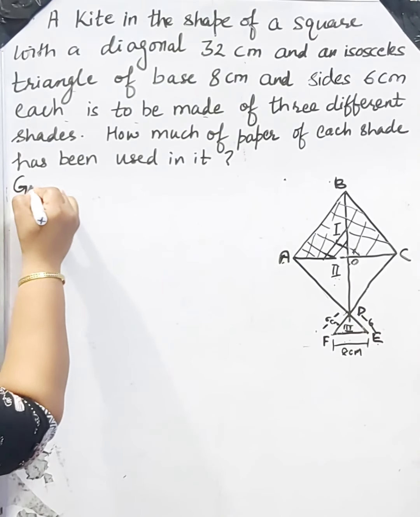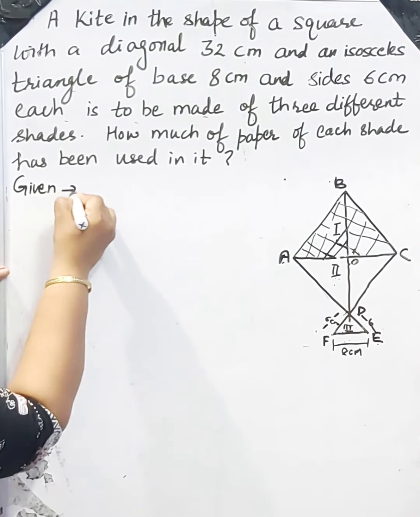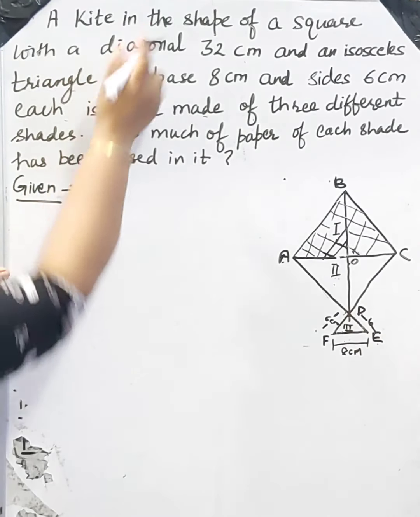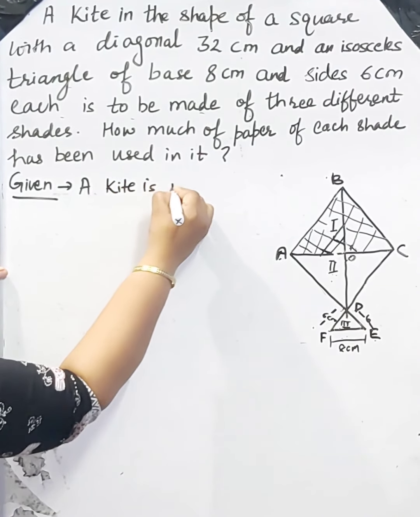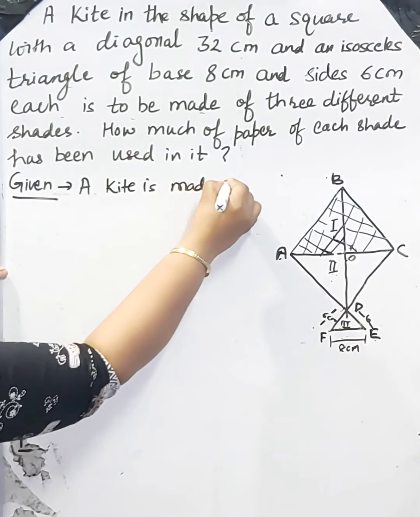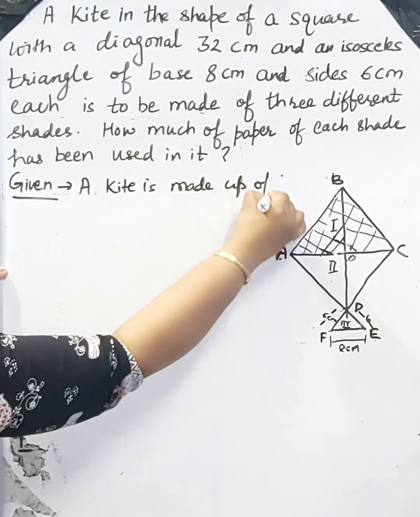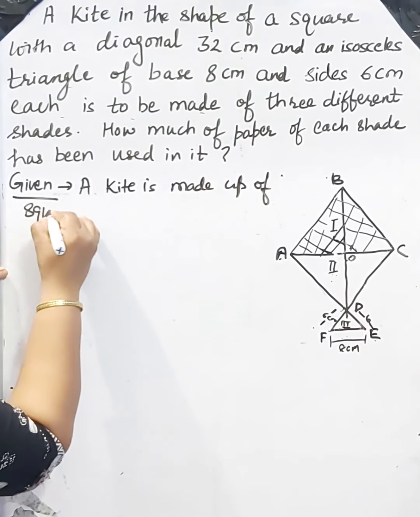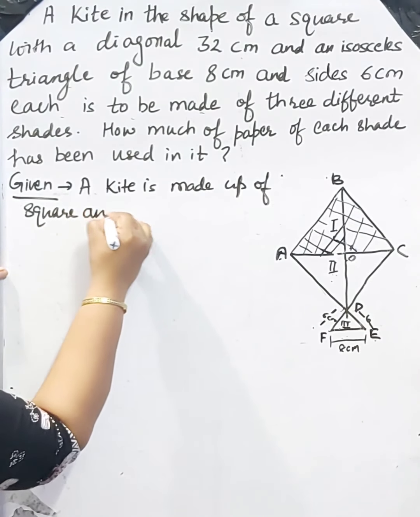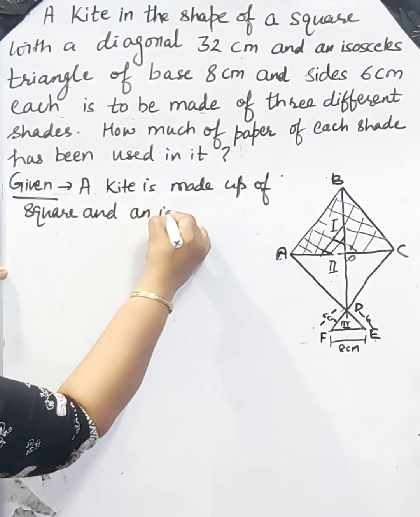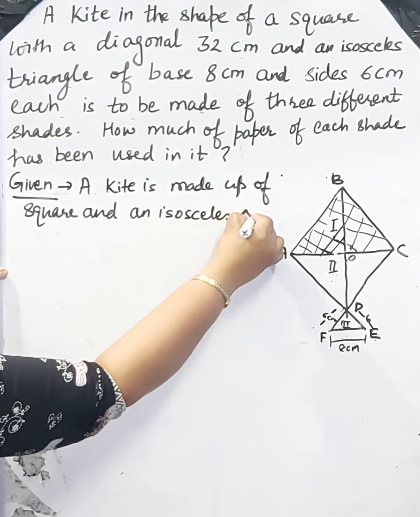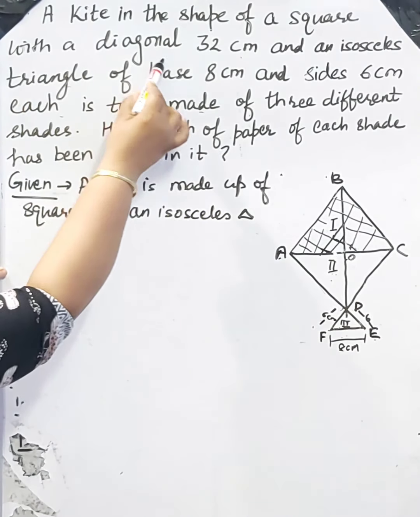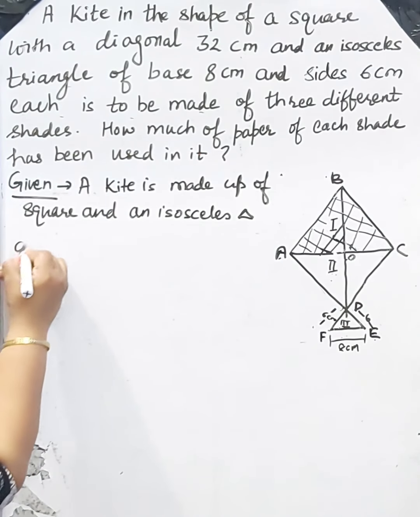Now what is given in this question? Given is that a kite is made up of a sphere and an isosceles triangle, with a diagonal of 32 centimeter.